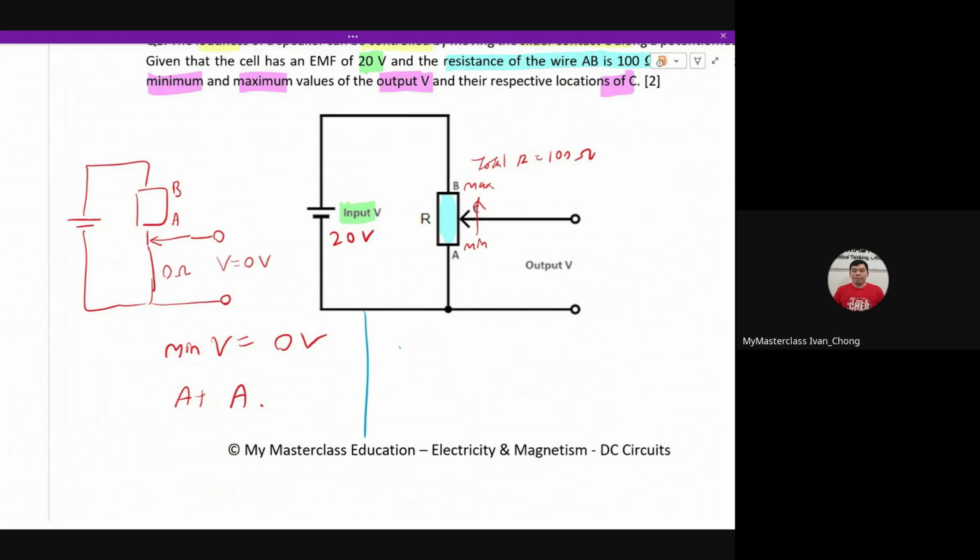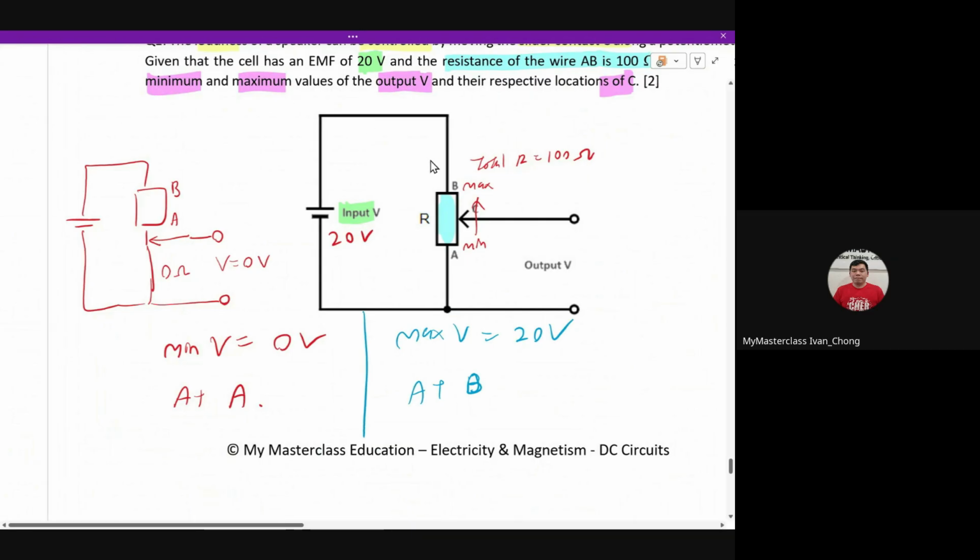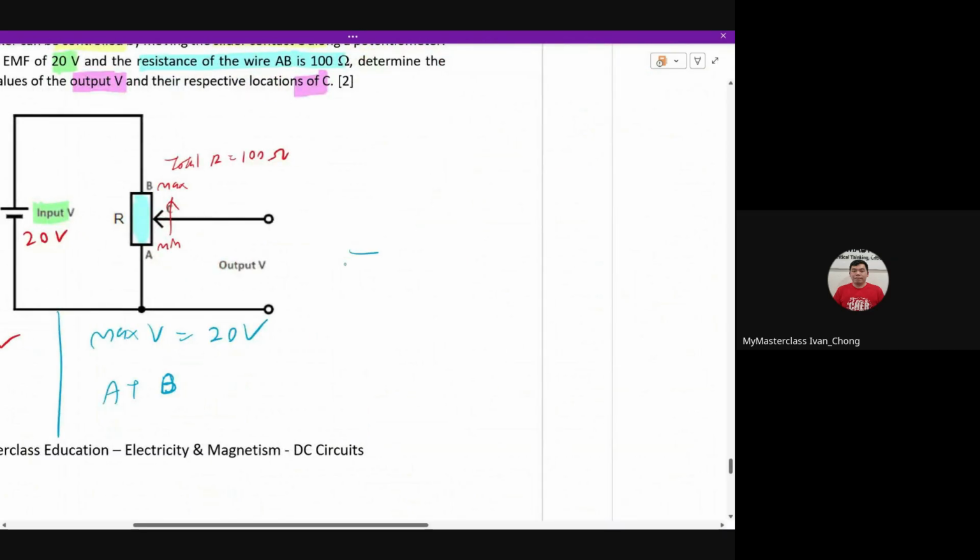Where is your maximum voltage? Your maximum voltage must be 20 volts. Why? You place it at B. I'm going to just quickly do a sketch.